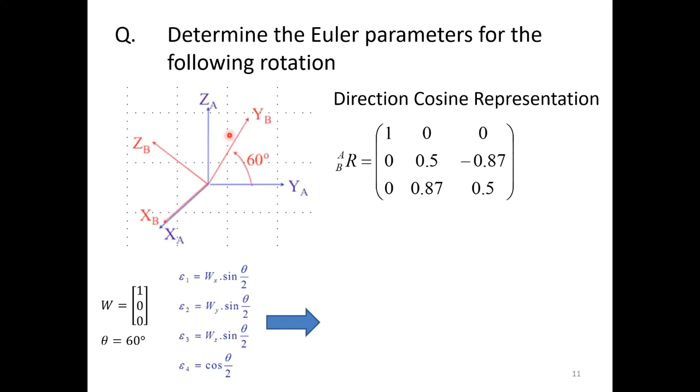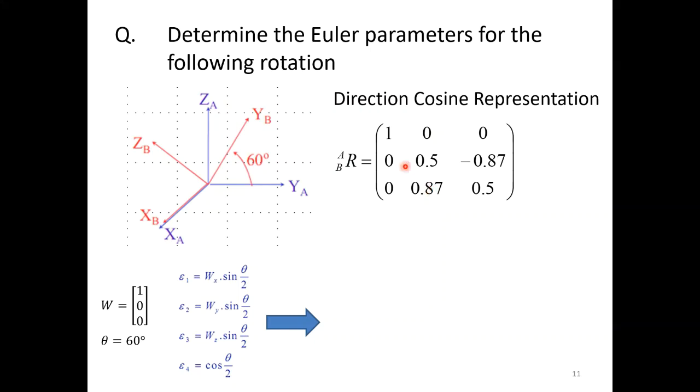And this is a rotation around x-axis by 60 degrees, right? So if you go to MATLAB and type it in, rot x by 60 degrees, you will get this one, right? This is the direction cosine matrix, DCM, okay? Now, I want you to calculate the Euler parameters for this one, right?